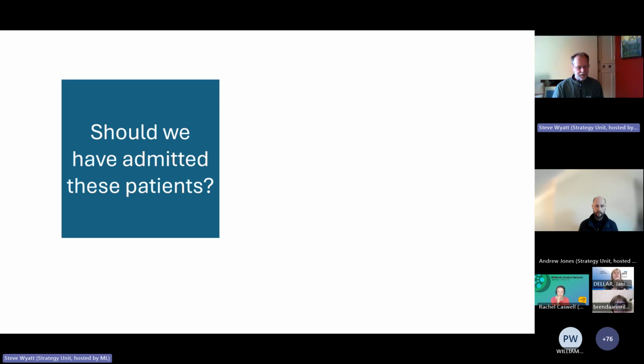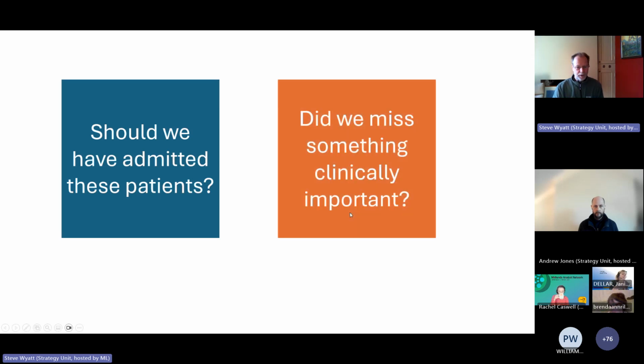And then the second question is very different, which is a worry that clinicians have that maybe they've missed something important with these patients and discharged them with something seriously wrong with them that we should have identified. And those studies are focused on, do these patients later turn up with a cancer diagnosis or another very serious diagnosis, or do they die shortly after being discharged, for example?